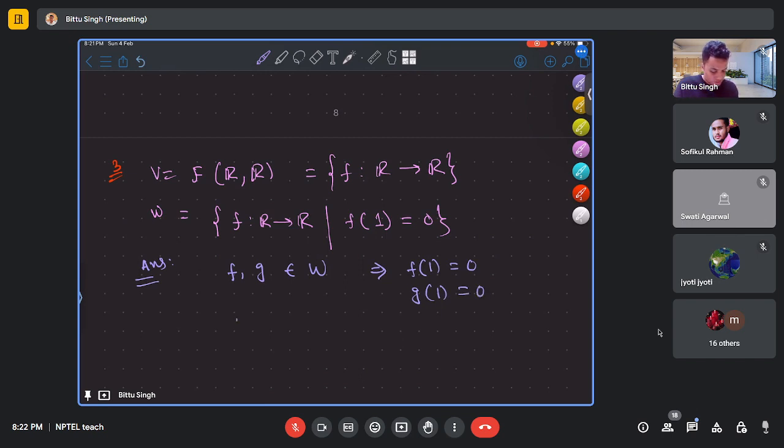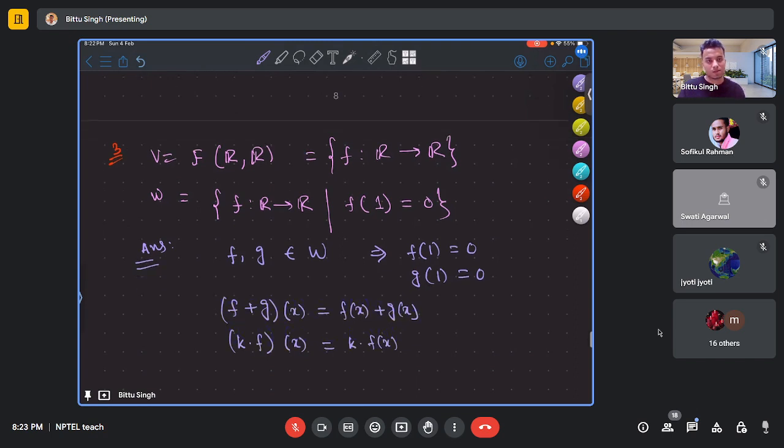Now let us check. f plus g is also a function from R to R because you can add functions by pointwise addition, f(x) plus g(x), and if you multiply f by some scalar k and evaluate, it will be k times f(x). This is how you add and scalar-multiply functions. k belongs to R.